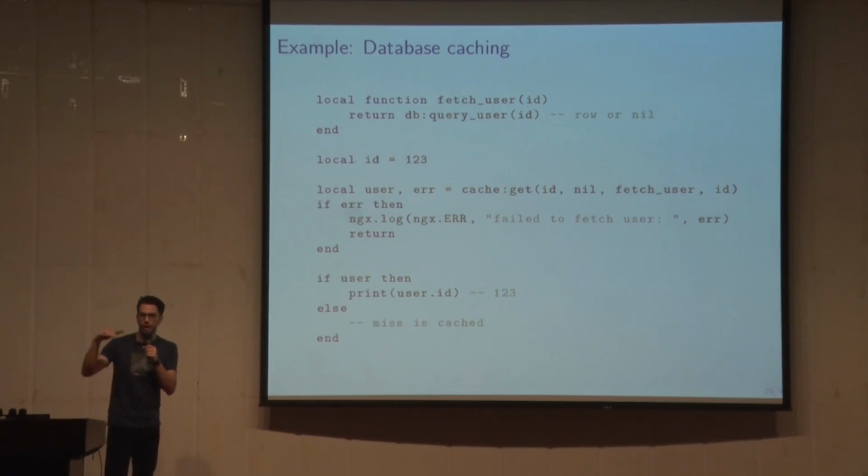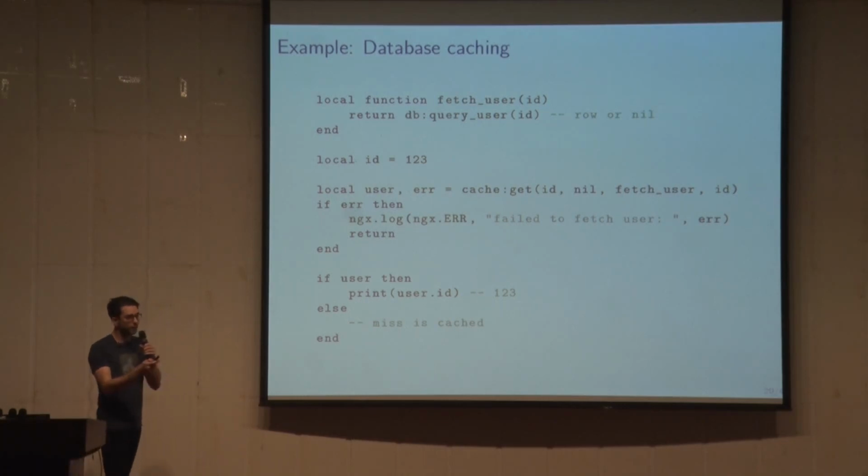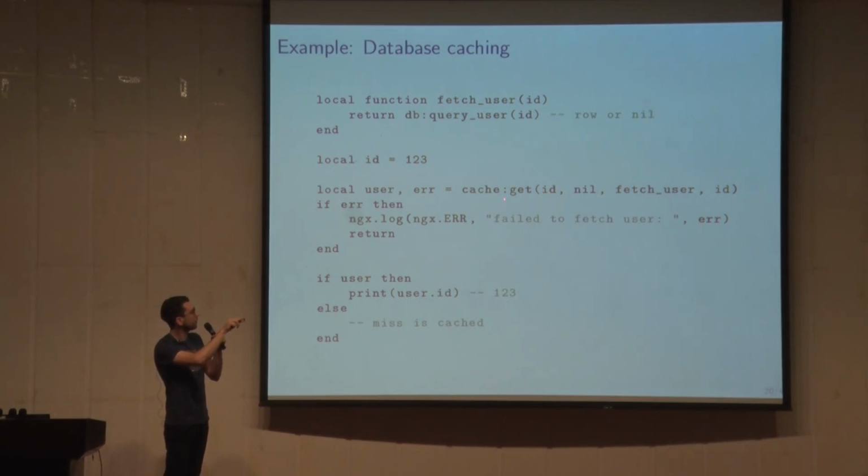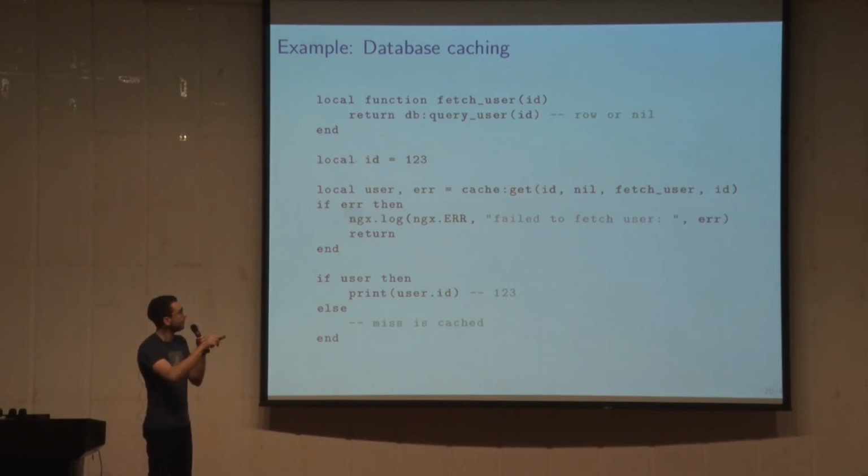But if I want to drop in mlcache on top of this function, then suddenly I have the built-in layered cache for almost free. The way I do that is by having my mlcache instance and choosing a cache key. A cache key in this case can be my user ID. So my user ID is the cache key here, and I'm going to call get. When get results in a cache miss, then mlcache will invoke the fetch user function.